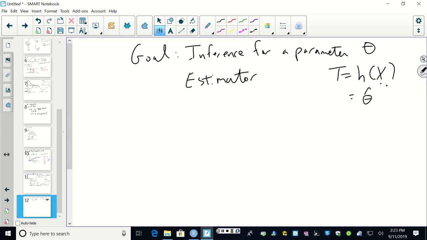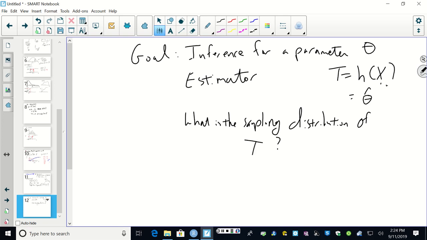You might call it theta hat to make it specific in your symbols. And then we want to know the sampling distribution of T, our theta hat.